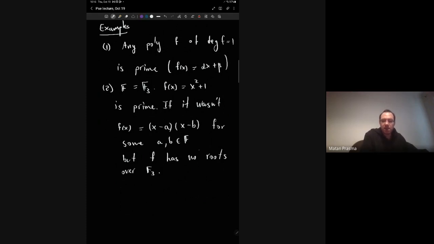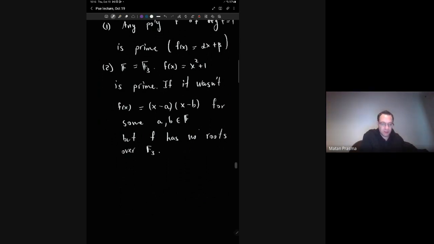Now, if you take the same polynomial over a larger field, if you take F to be F5, and f the same polynomial as before, then f is not prime. For example, I can find a root.